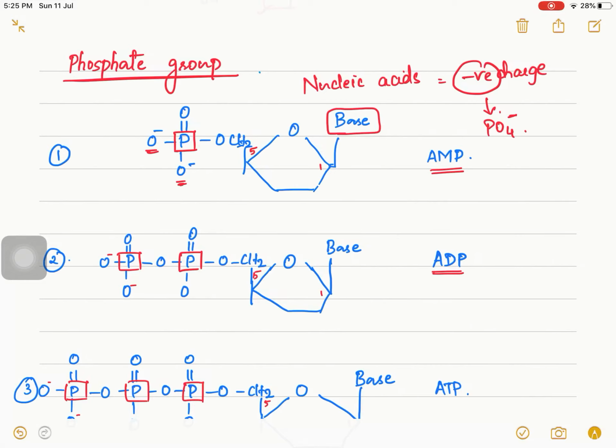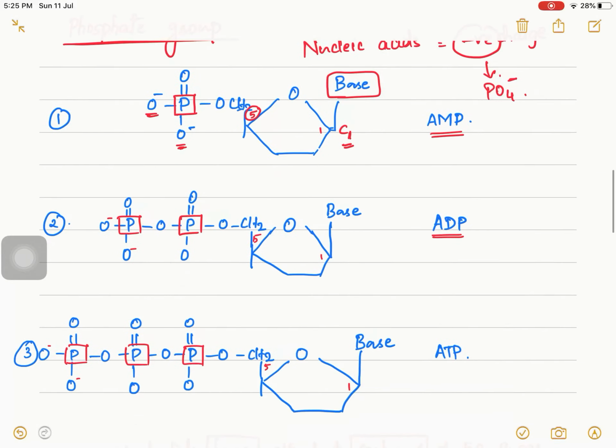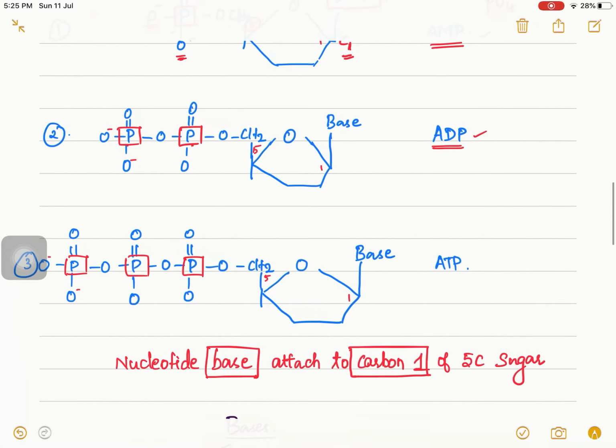Always the base is attached at carbon 1 and the phosphate group will attach at carbon 5 of the sugar groups. So if a single phosphate group is attached and the base is adenine, it is adenine monophosphate. If 2 phosphates are attached, it is adenine diphosphate.